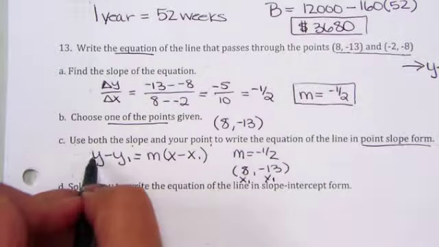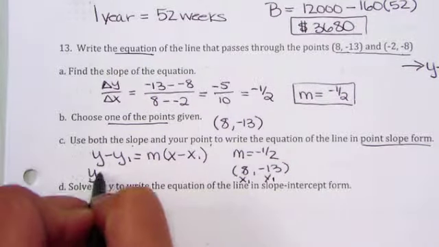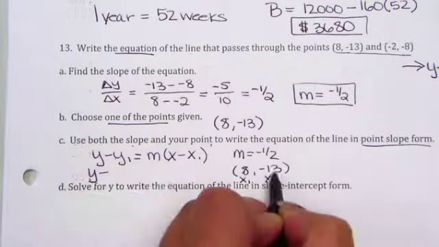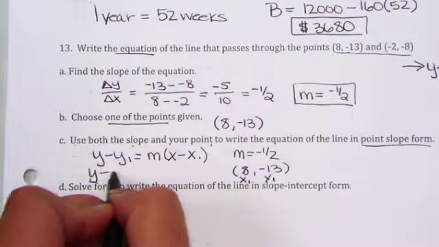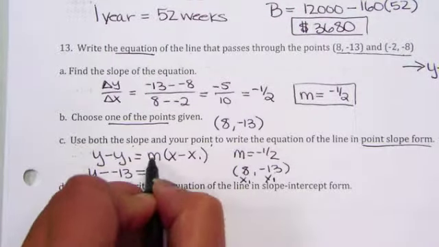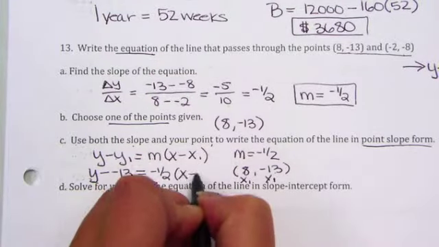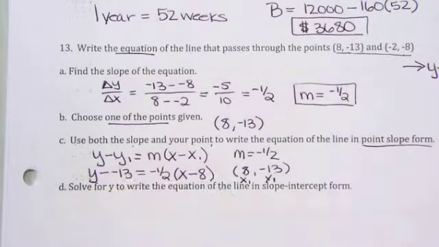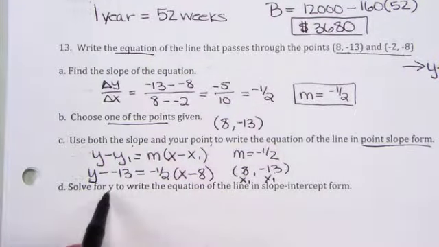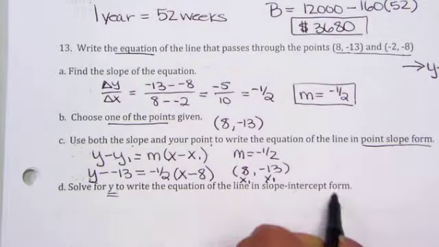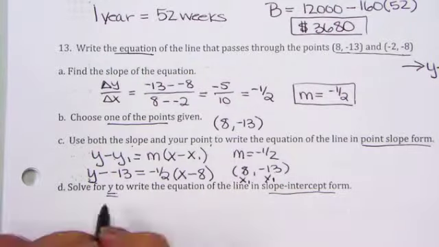So let's go through the equation. y minus y1, which is negative 13, equals m, negative 1/2, times x minus my x1. Now what I can do is I can use this equation to solve for y and put the equation in slope-intercept form.